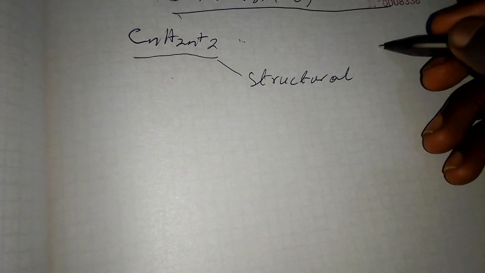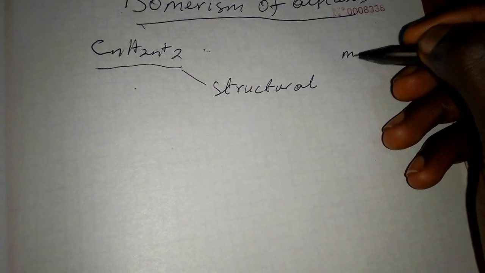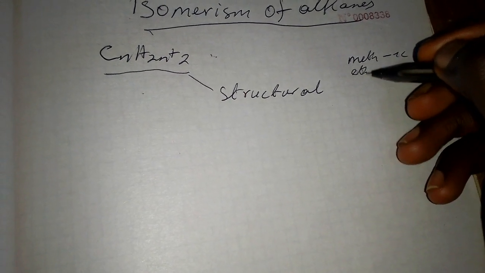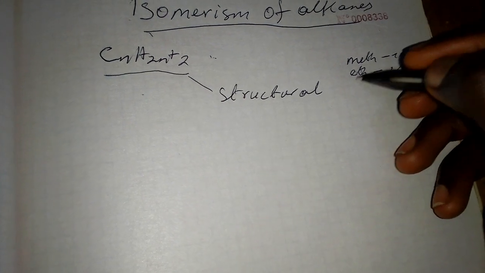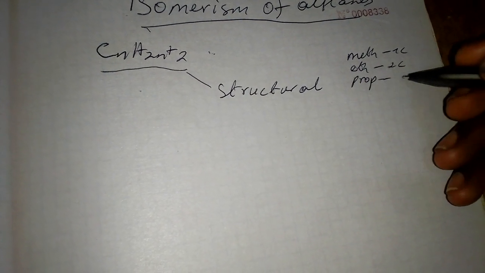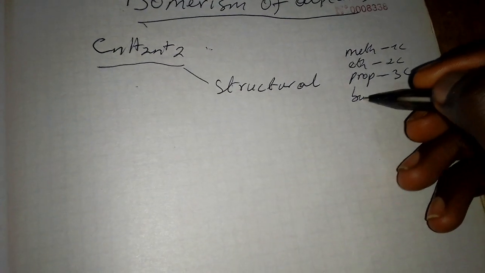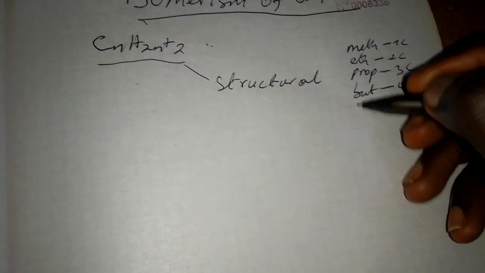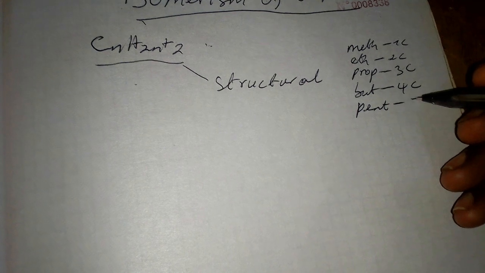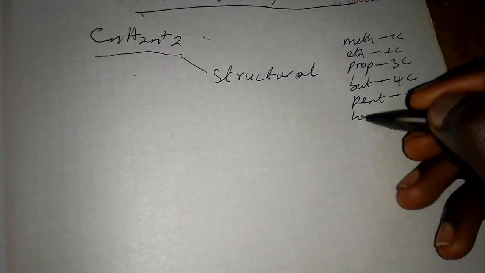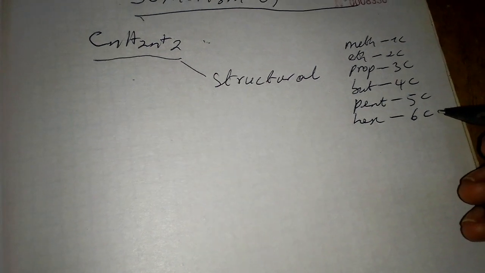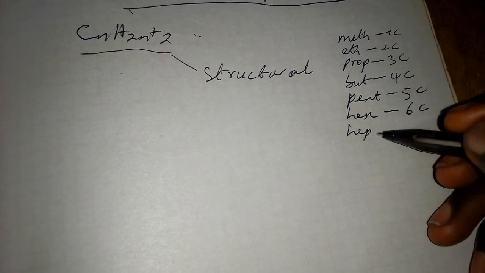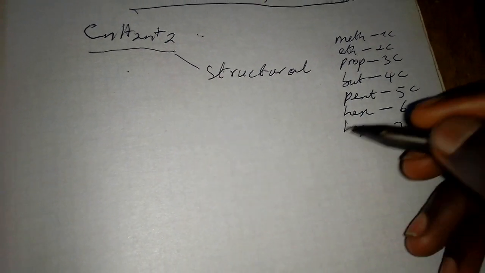So for a quick recall, meth is 1 carbon atom, eth 2 carbon atoms, prop 3 carbon atoms, but 4 carbon atoms, pent for 5 carbon atoms, hex for 6 carbon atoms, hept for 7 carbon atoms, and so on and so forth.